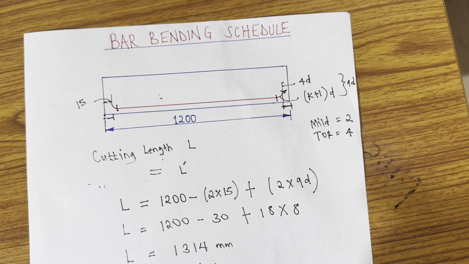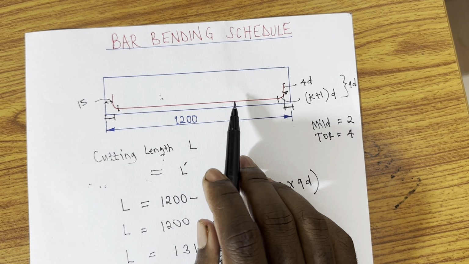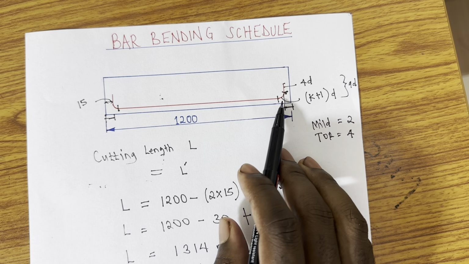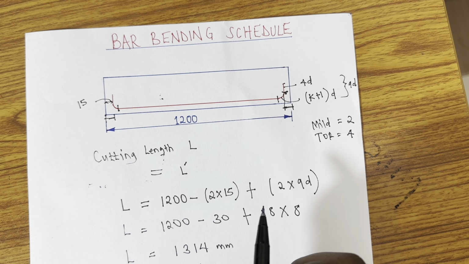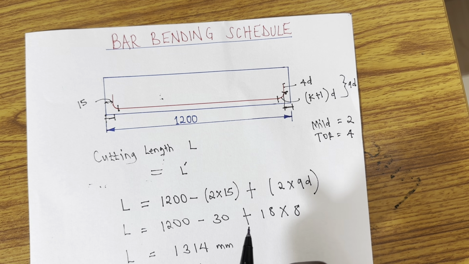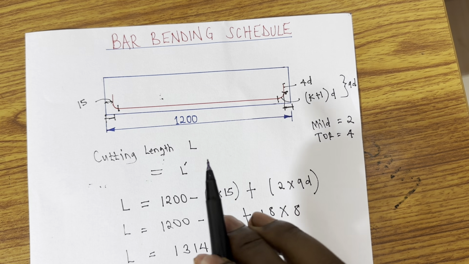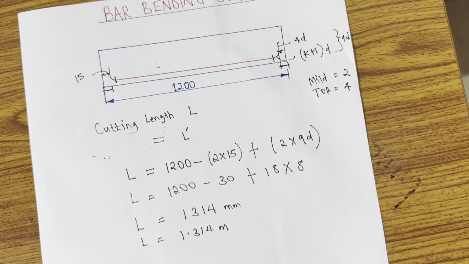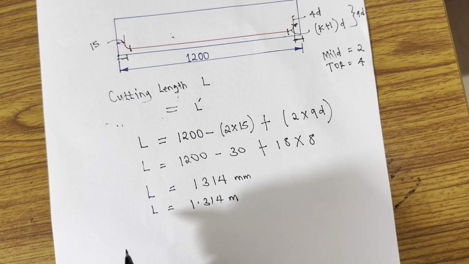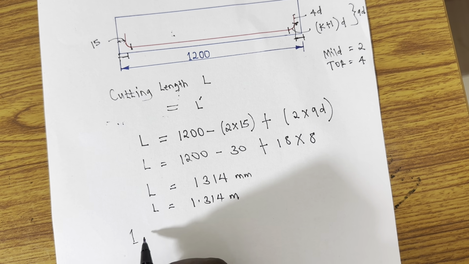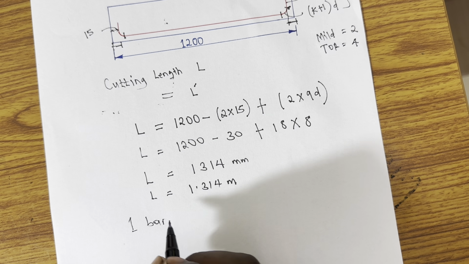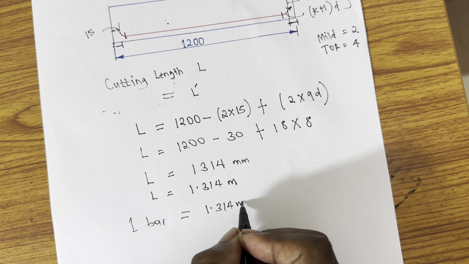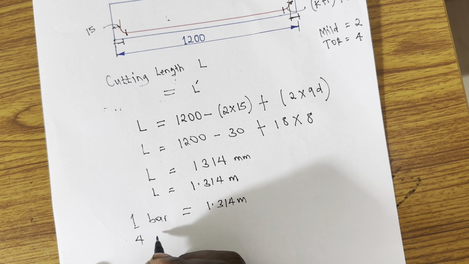And for us to cast a beam like this, we need 2 main bars from the bottom, then 2 bars from up, which are the angle bars. And in our design, we're considering both of them, bottom and top, to be 8 mm dia bar. Now, that means I need 4 of them, but only one bar is taking a length of 1.3. What about 4 bars?